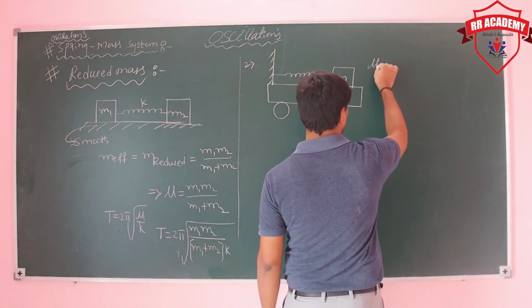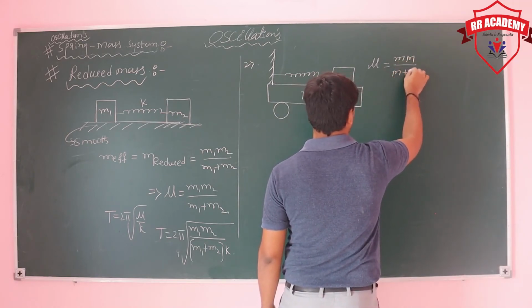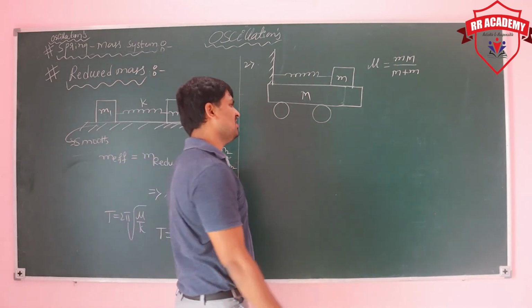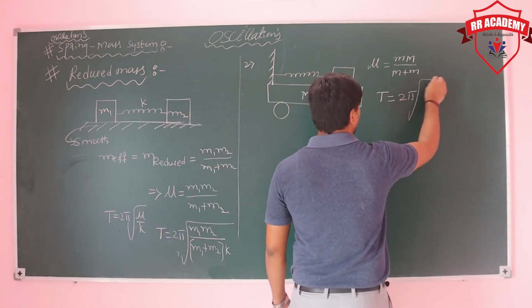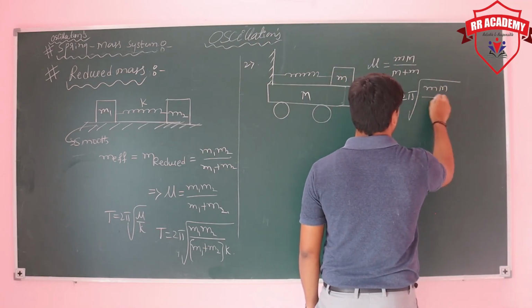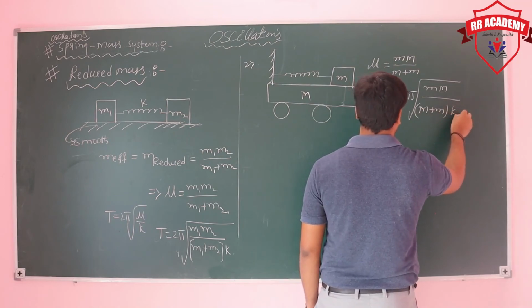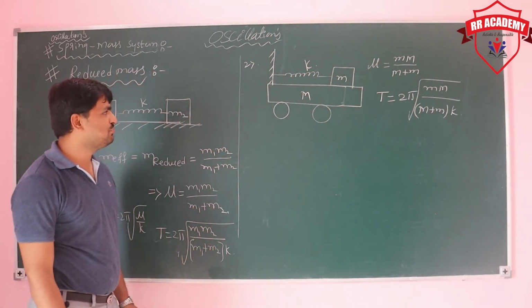Here also we need to take the reduced mass, M into m by M plus m. Then the time period is the same, 2π√(M m / ((M plus m) k)). So that is the value of the reduced mass.